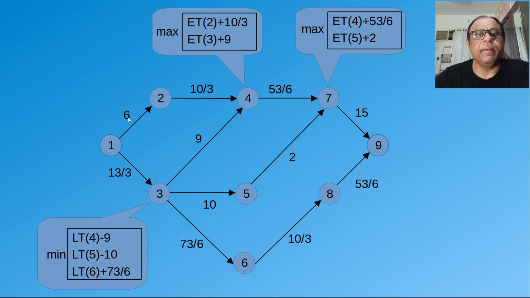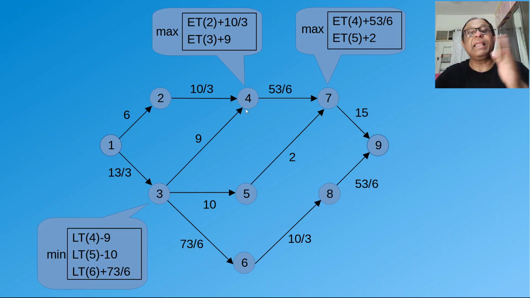Now, what does this mean? Out of these 2 competing activities, we have to see which activity takes the maximum time to reach node 4. Of course, we have to take the early event time of the predecessor nodes into account for that.